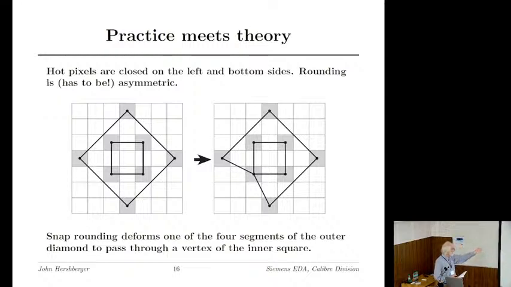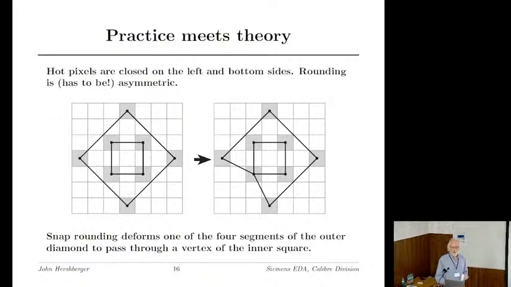In this example on the left-hand side, the outer diamond, only one of those 4 segments touches the hot pixels determined by the inner square. In particular, the lower left one touches that hot pixel, and so the rounded arrangement is asymmetric, as shown on the right.